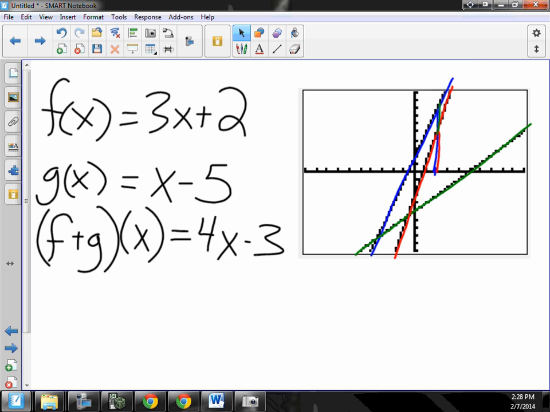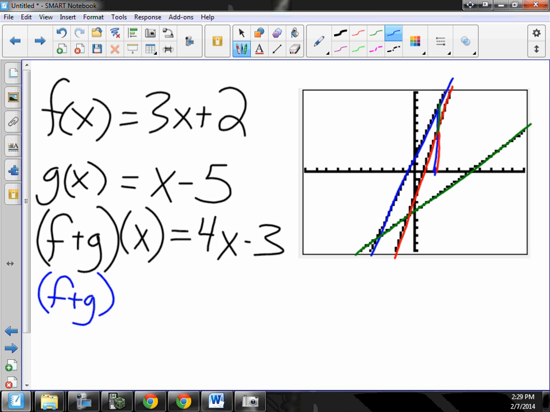Okay? Well, if I plug in f plus g of 2, how do I find what that number is? This one says plug 2 into f plus g. So I'm going to put 2 in here.